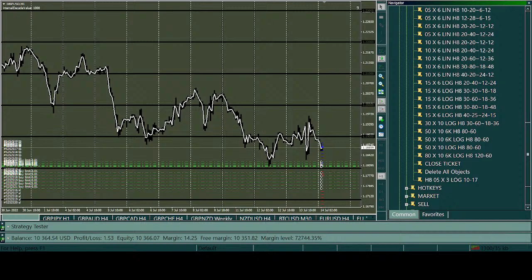45 minutes to news. This is on the edge of the abyss. So currently I'm up on the Australian dollar as we retest the entrance to the ultra bottom.